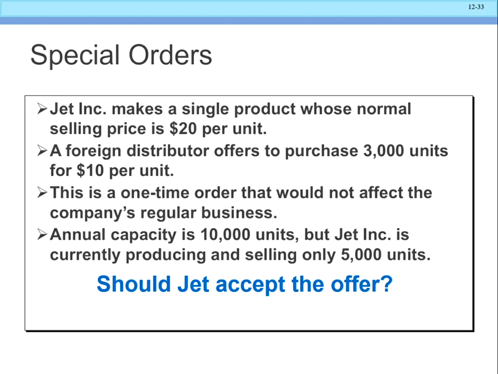So you can see that the company is able to accommodate the 3,000 units without affecting their normal business, which means the company is currently underutilized. So is it better for them to go for these 3,000 units, which are going to be sold at half the price, or is it not better? We then need to look at what the relevant costs of manufacturing the 3,000 units are.